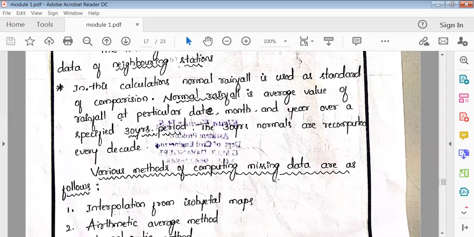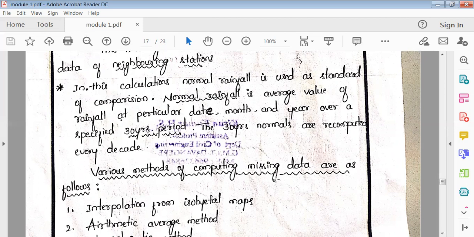There are a number of methods to calculate this normal rainfall. It could be over a period of time, based on a particular date, month, or year, or a specified period of 30 years. Every decade you can also check the measured rainfall for any inconsistency.